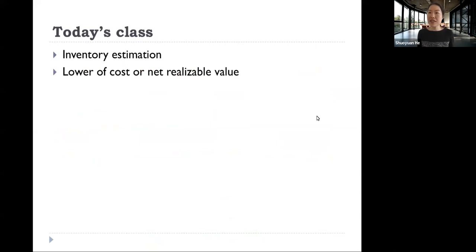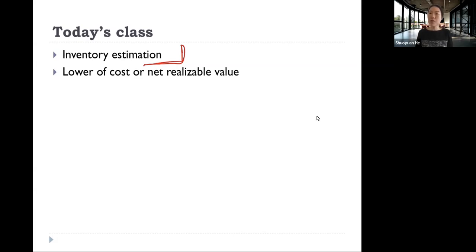In today's class, we are going to talk about inventory estimation and the lower of cost or net realizable value. Up until here, everything we talked about is how to calculate the cost of the inventory.